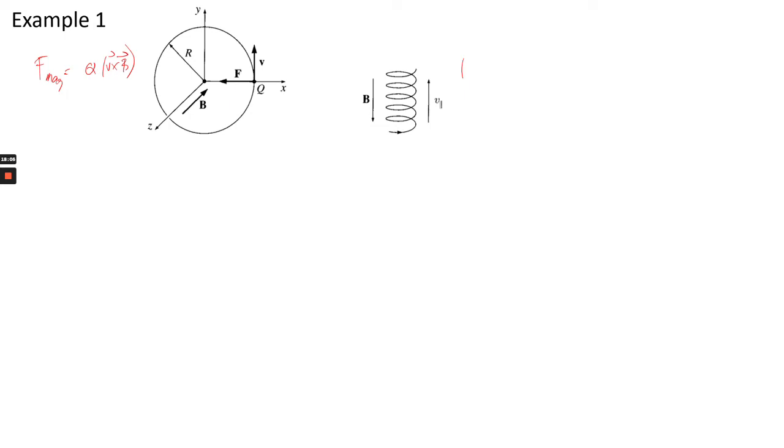So this magnetic force is actually providing the centripetal acceleration of the charged particle.